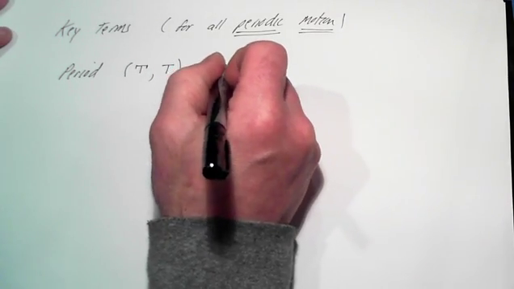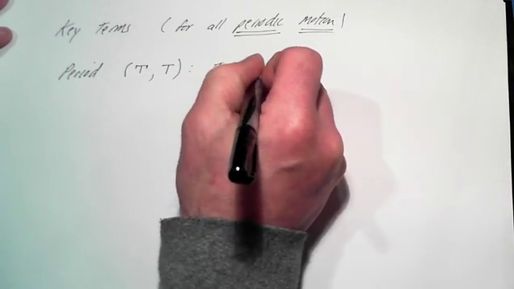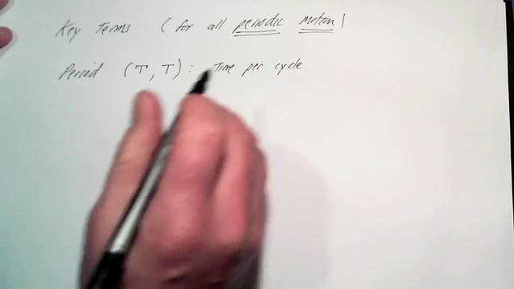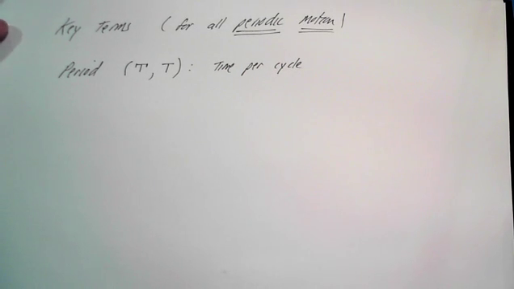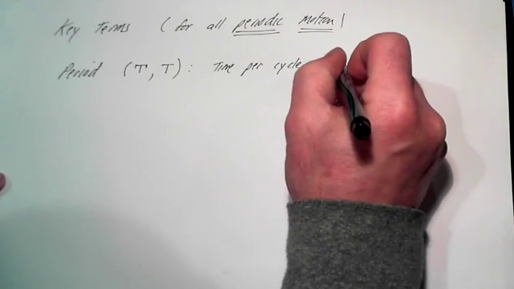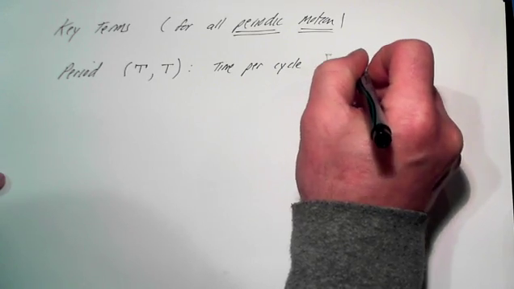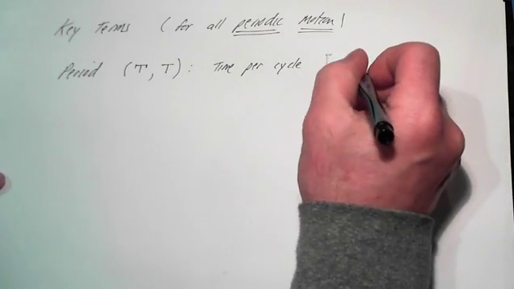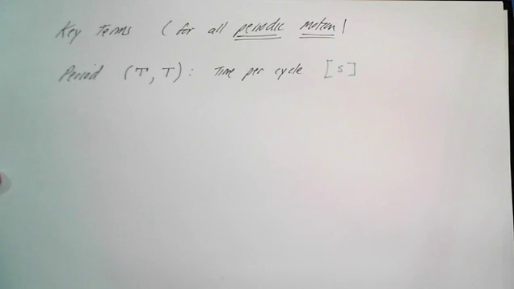This is the time per cycle, the time it takes to go around once. And it has units. Let's see, I'm going to make green my unit color.